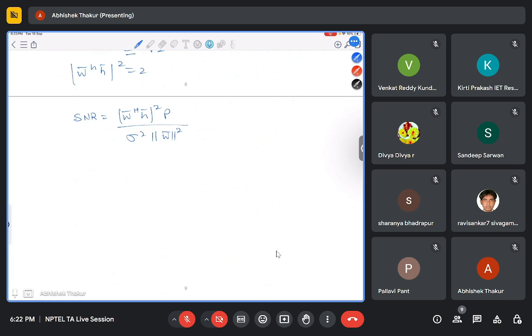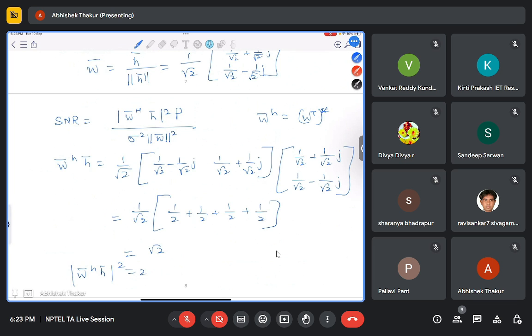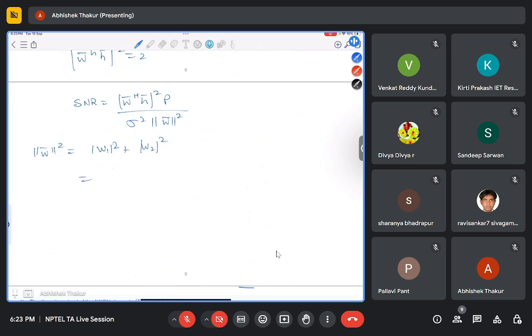So this value will also be 1 by 2 into 2, so we'll get 1.